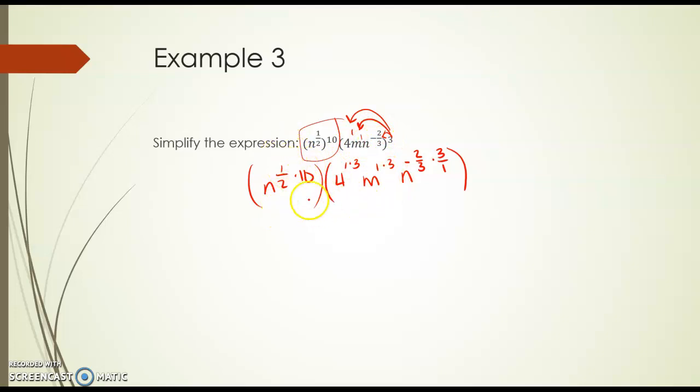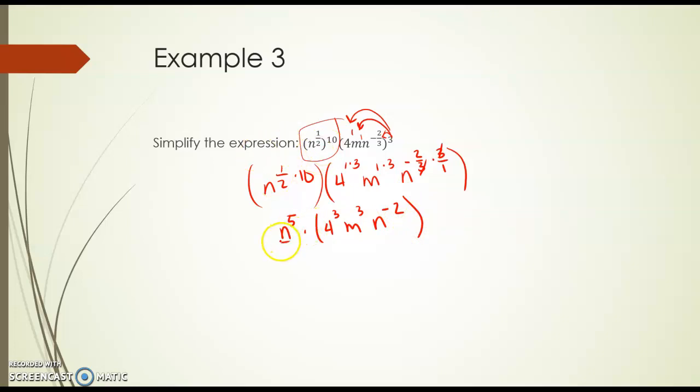And so now I'm just going to simplify. Half of 10 is 5, so now we have n to the 5th power times 4 to the 3rd power, m to the 3rd power, n to the, it's going to be negative times positive is negative. My 3's divide out, leaving us with just 2. So that's what I've got so far.